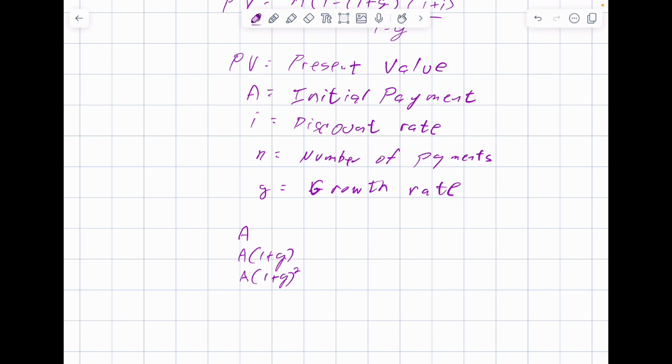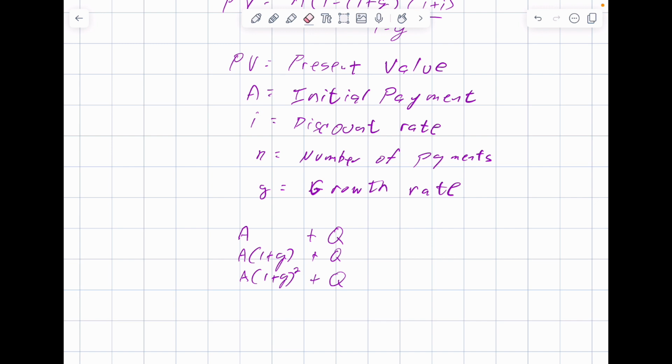In addition to the payments, I'm also going to be collecting a pension, so let's call my pension Q. So my total income for the first year would be A plus Q, and A times 1 plus G plus Q for the second year, and A times 1 plus G squared plus Q for the third year, and so on.